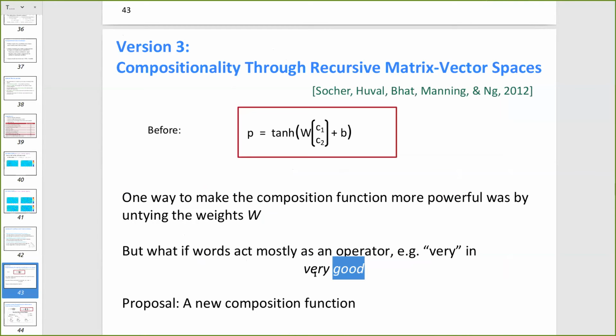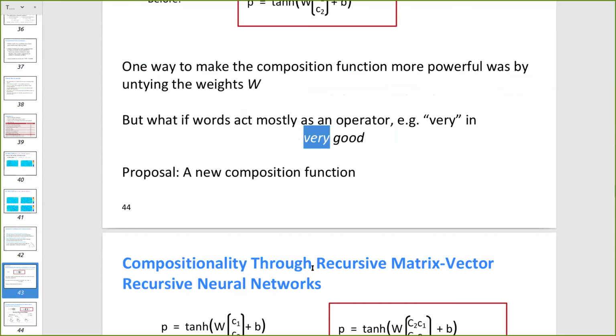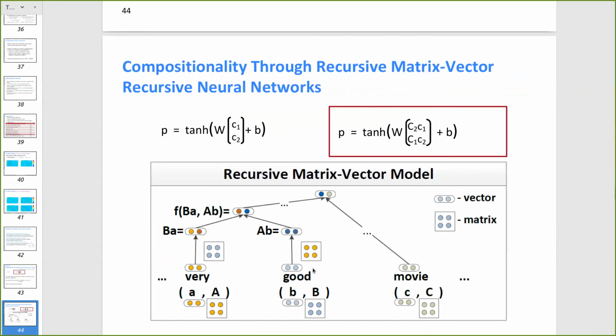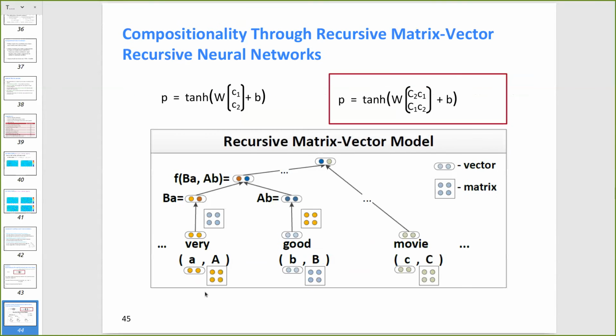When you add the word very in front of good, you're trying to convey something more about the word that follows. So in order to encode that sort of information, for every word you also have a matrix which contains some other information in addition to the regular vector representation.